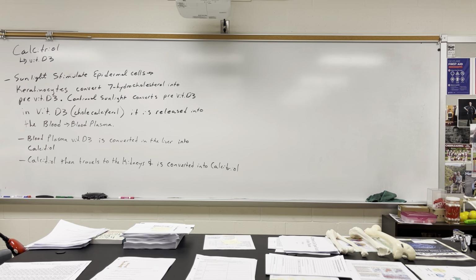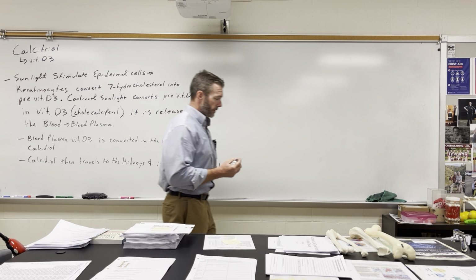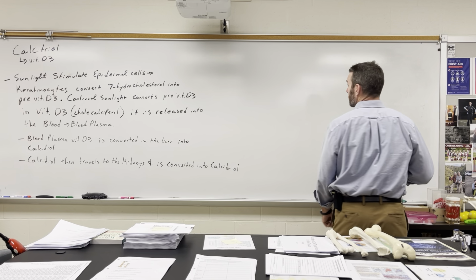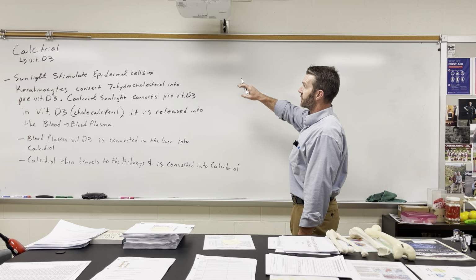So, got to have decent sun exposure, not too much, but just enough to stimulate keratinocytes to convert 7-dehydrocholesterol into pre-vitamin D3, and then enough for that pre-vitamin D3 to become regular good old vitamin D3 or cholecalciferol. And then it can go into our blood circulation and be converted through the liver and the kidneys. And that's very important. Now let's talk about the functions real quick to finish up our talk about calcitriol.